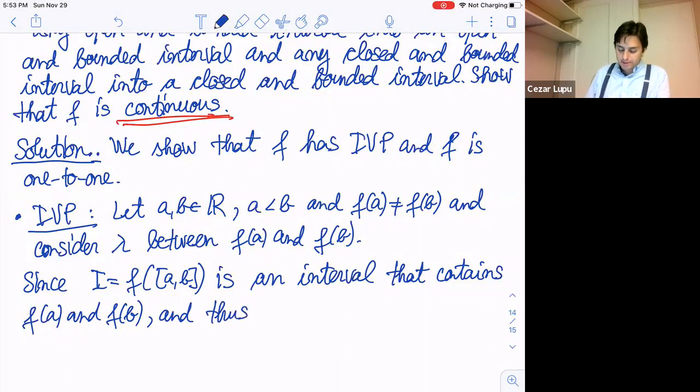So it follows that lambda is in I, right?